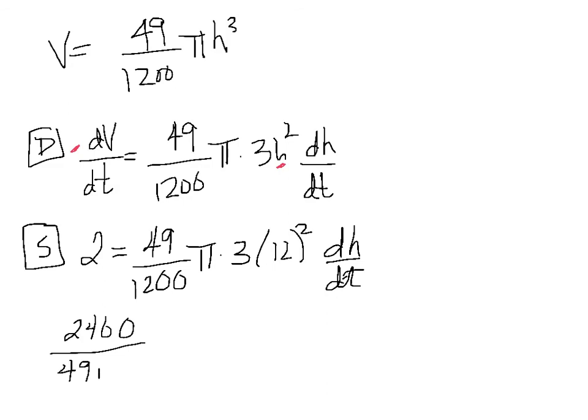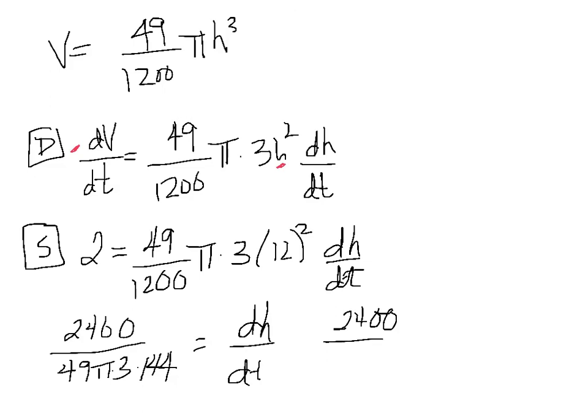Divide by pi, divide by 3, divide by 12 squared, so 144, and that's equal to dh/dt. That denominator then is 21,168 pi, and that would be your dh/dt.